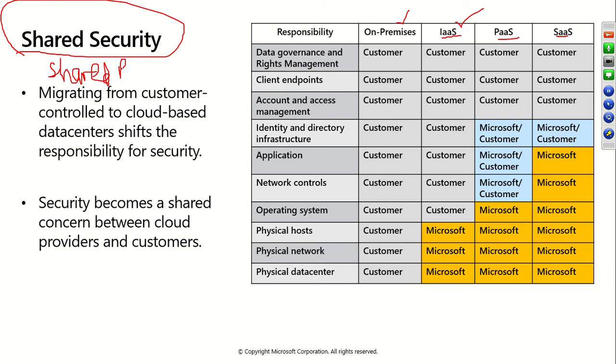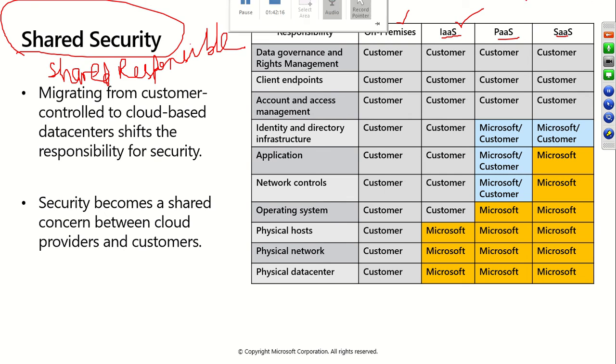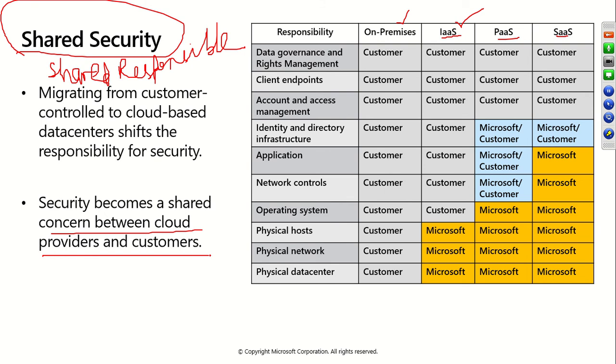We said there are some things that you are responsible for, and there are some things that the provider is responsible for based on either of these. But in this case, we want to talk about shared security. Security becomes a shared concern between both the cloud provider and the customer.